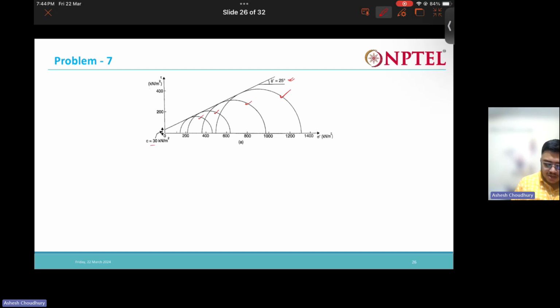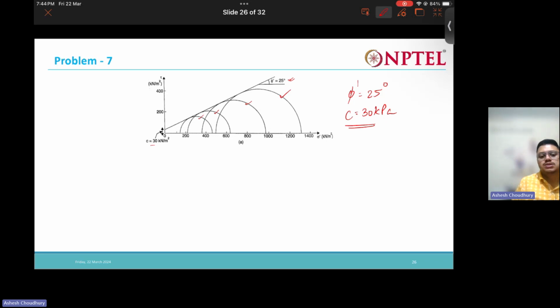So finally from here we can get the values. Try to plot this by yourself using graph paper. Plot all the values by yourself, and check whether you are getting the circles, and whether you are able to draw the common tangent line or not.